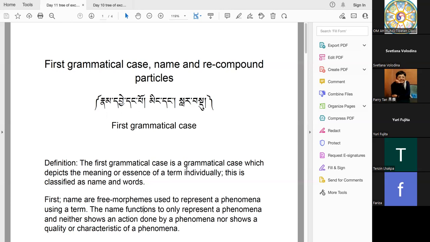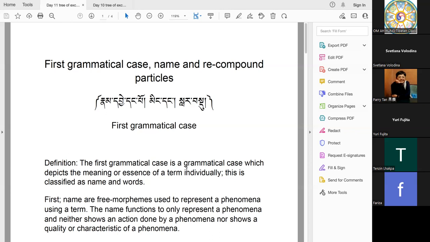Okay, so there seem to be no more questions. In that case, please make sure that you revise and ask me questions, and in the next class we're still going to be doing the first grammatical case, name and recompound particle. Recompound particles can come later. They are not that difficult.